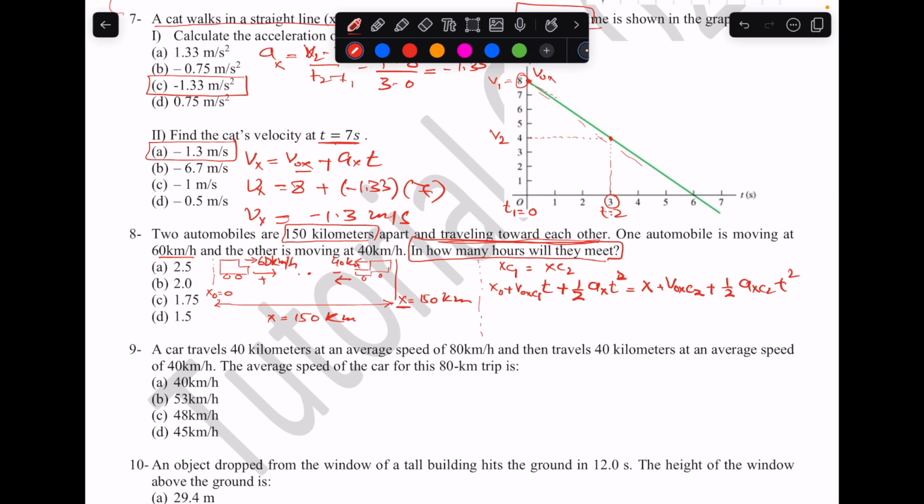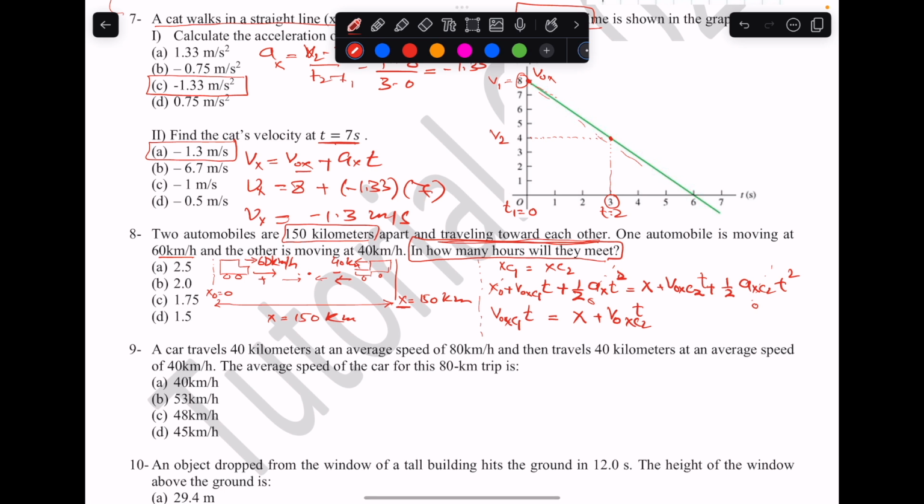Okay, so now this point is 0, but this point is not 0. When they meet at a certain point, their acceleration will be 0. So we are left with v naught of x C1 t equals x plus v naught of x C2 t.